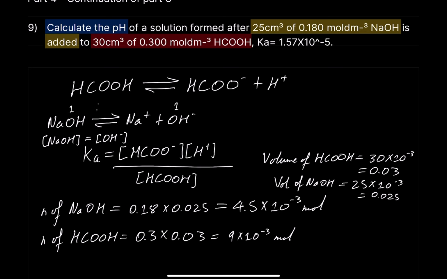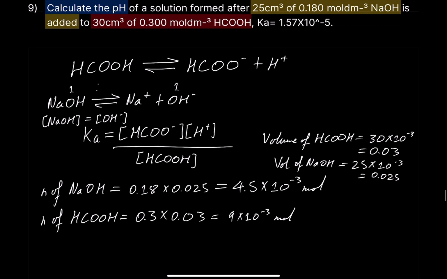So we can therefore assume that the moles of sodium hydroxide, because the concentration is the same and it's a 1-to-1 molar ratio, is the same as the moles of hydroxide ions in our solution, right? So that's what we have in there.